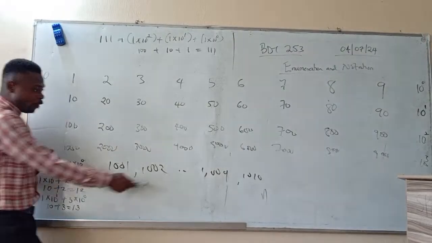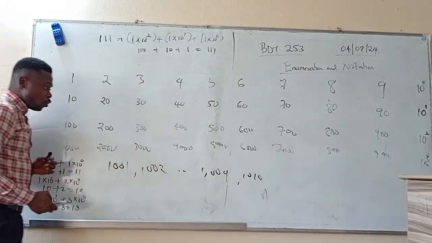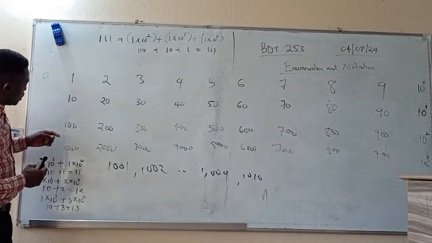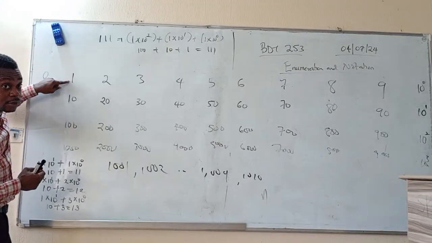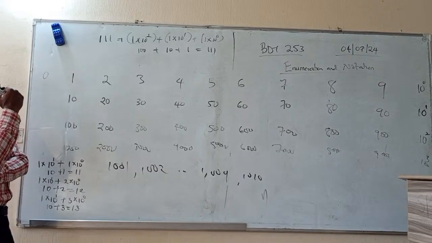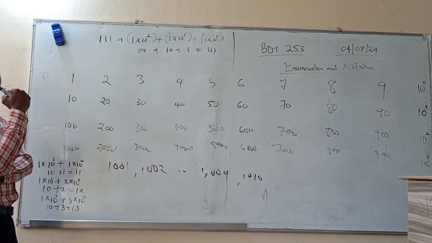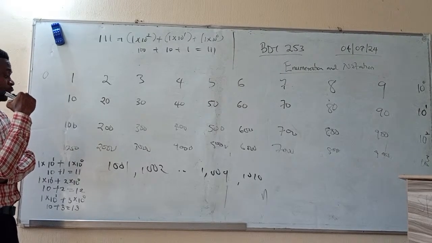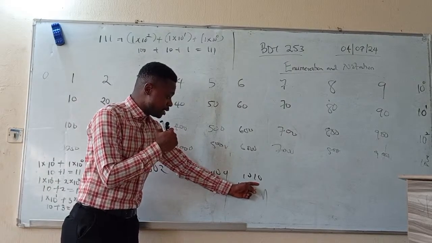Now, if you want 1,011, the next thing that should be is 1. So what do you do here? What do you determine? Add it where? Add it here.